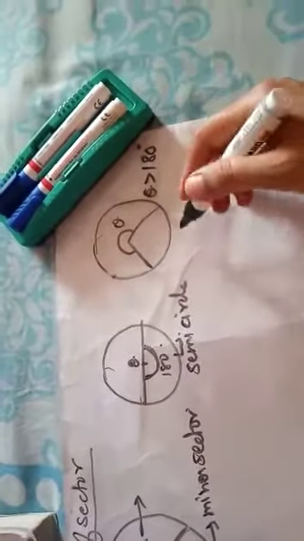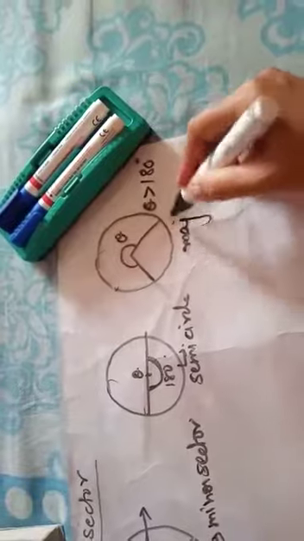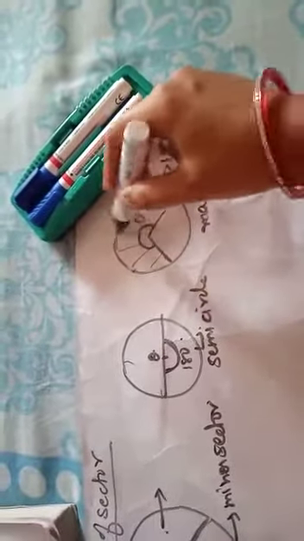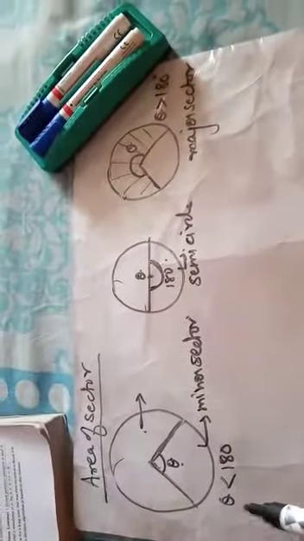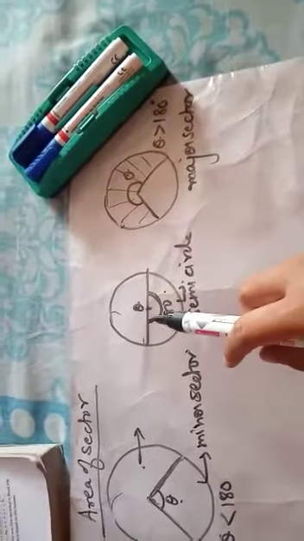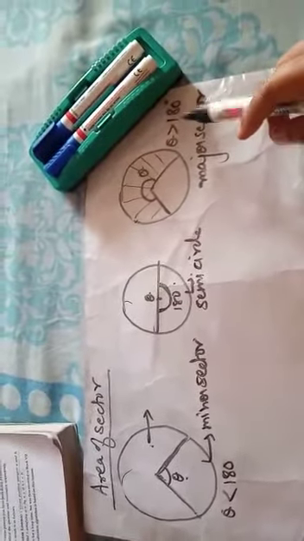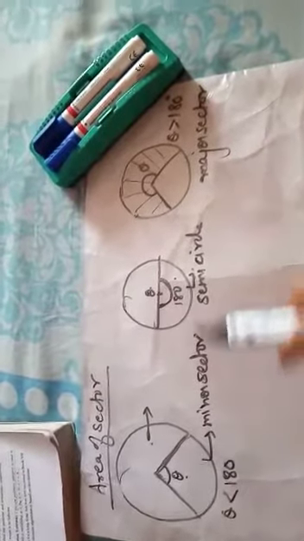So this is called major sector. Major sector क्यों है? क्योंकि ये वाला portion I am talking of. So minor sector theta less than 180, semicircle theta is equal to 180, and major sector theta is more than 180. Now I have to find out area.